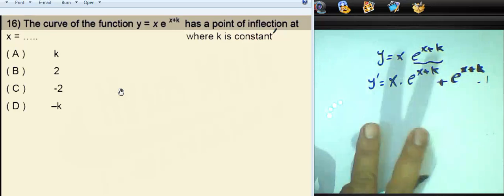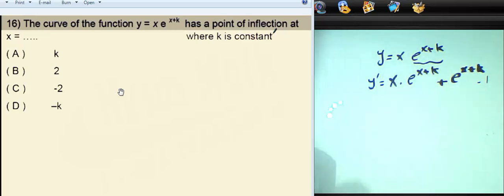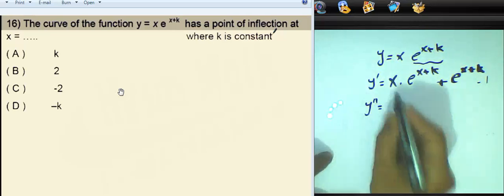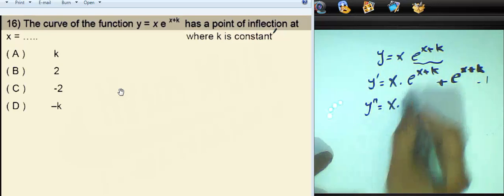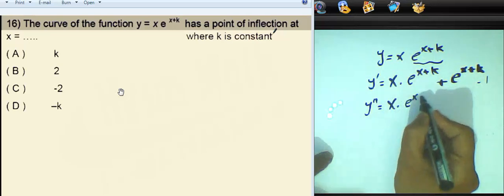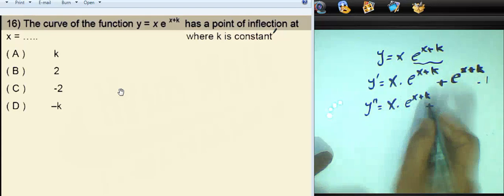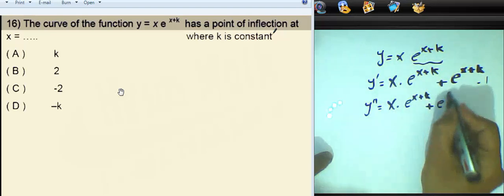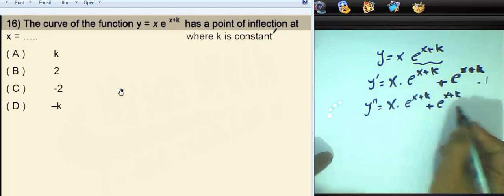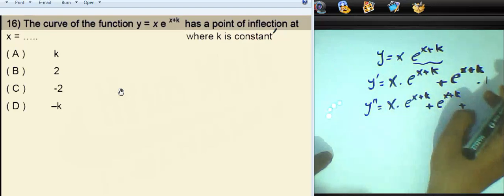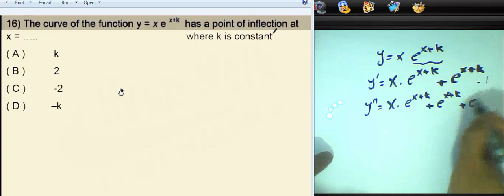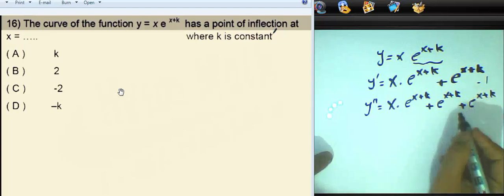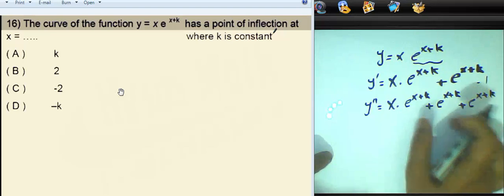We must know the second derivative because he asked about a point of inflection at x equal. Okay, it's the first derivative. You can write the second derivative here, first multiplication by derivative of second, it will be x e power x plus k, first derivative by second, and second derivative by first, plus derivative about this function, it will be e power x plus k. It's the same. Okay.